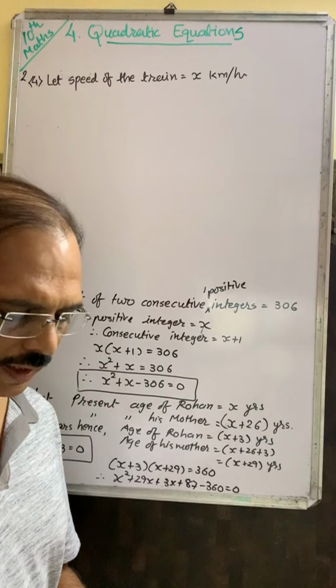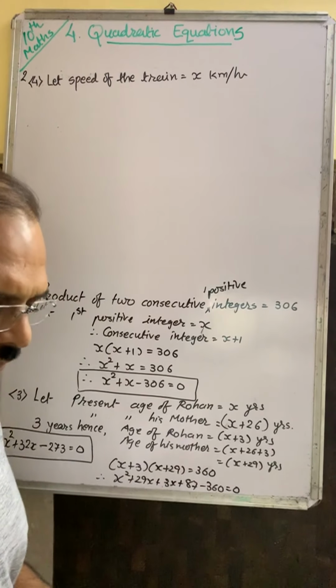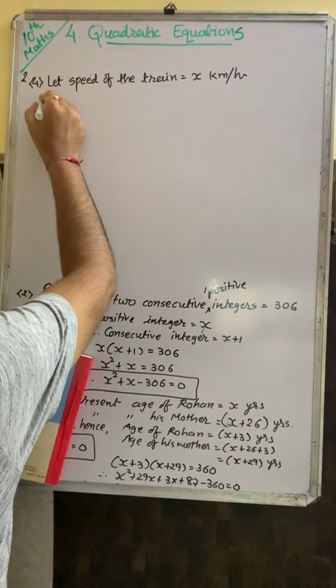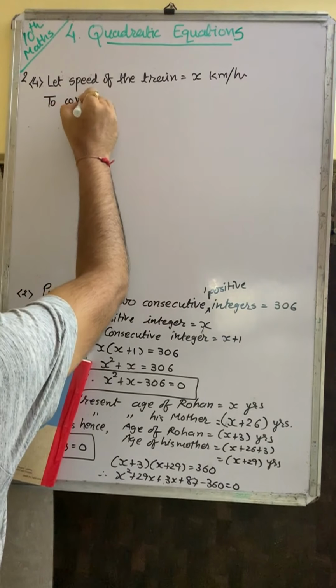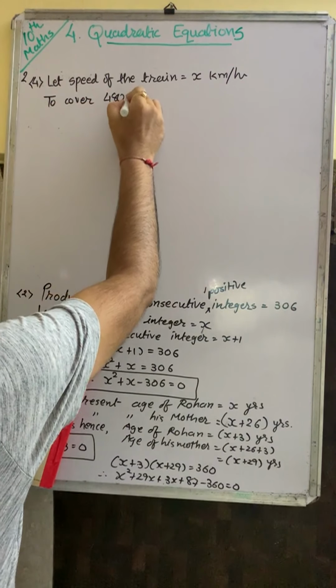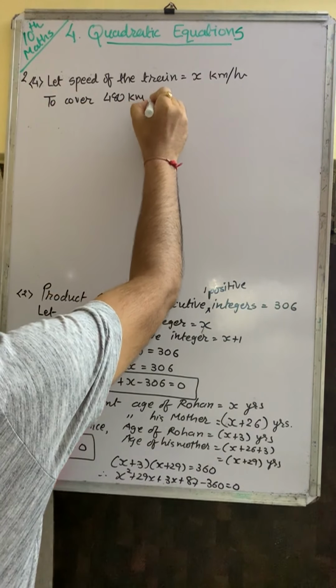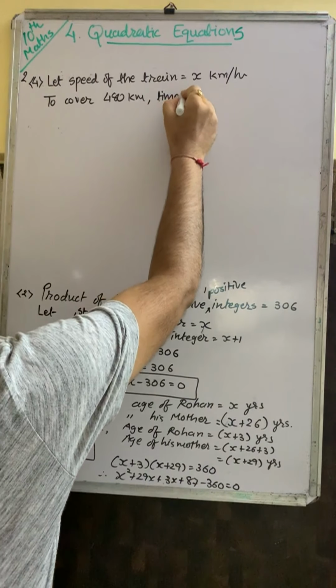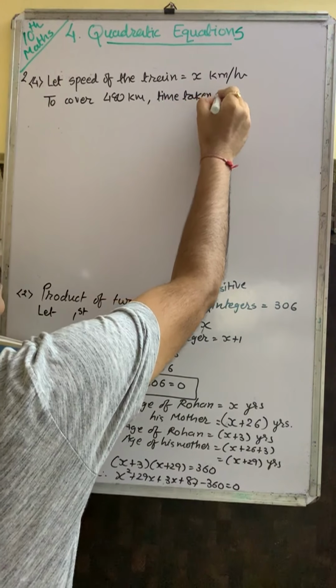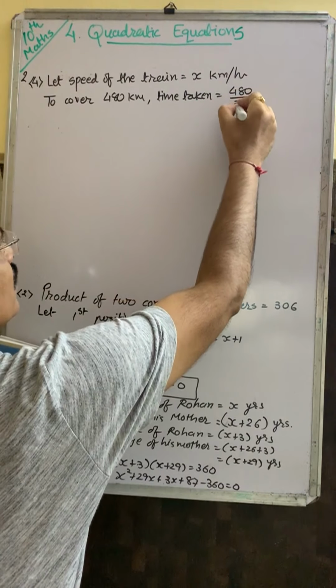To cover 480 kilometers, the time taken is 480 upon x hours.